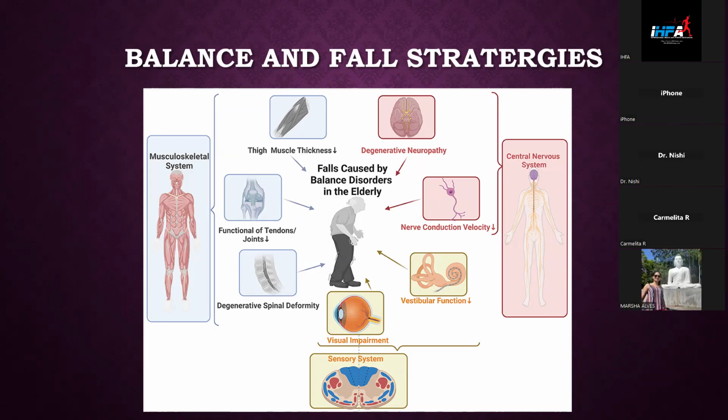Balance is the ability of a person to maintain their center of gravity within the base of support. Perfect, very good. And observational, subjective and objective markers. Perfect, very good.